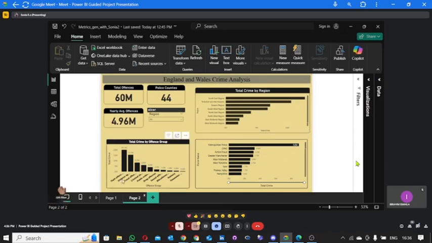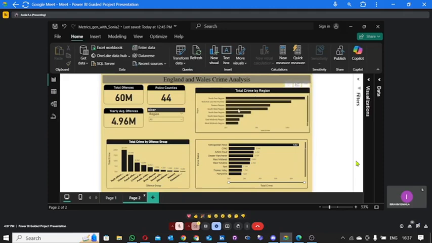The second highest is violence against persons, then fraud offenses, and so on and so forth.